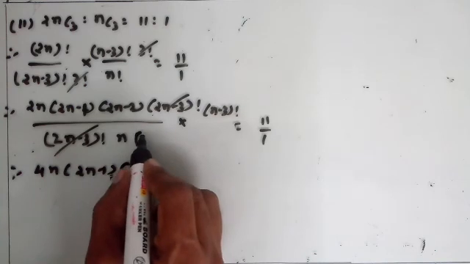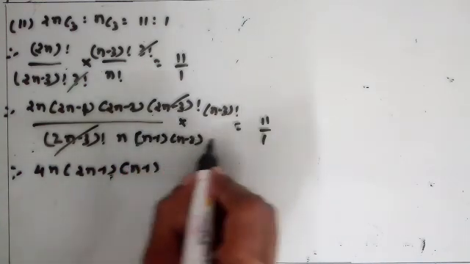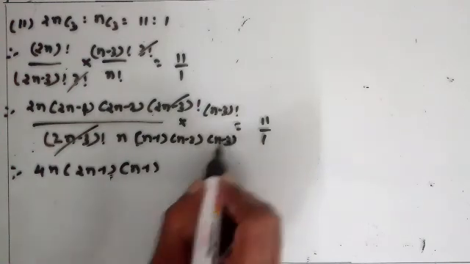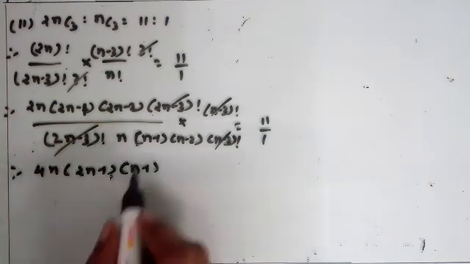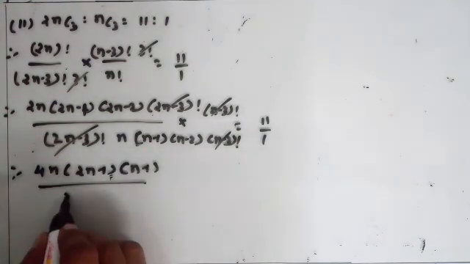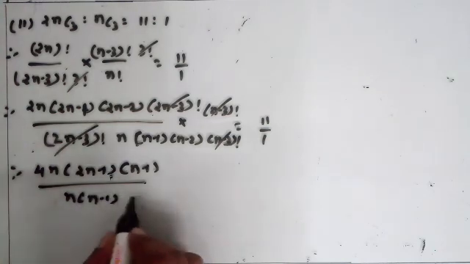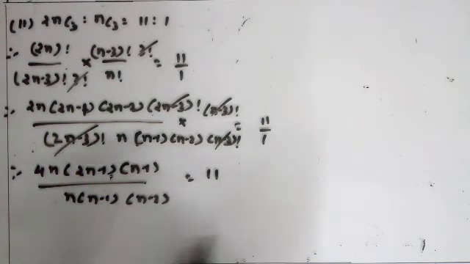So the terms we have are n, n minus 1, n minus 2, and (n minus 3) factorial. (n minus 3) factorial cancels from both. So in the numerator and denominator we have n minus 1, n minus 2, is equal to 11 upon 1.